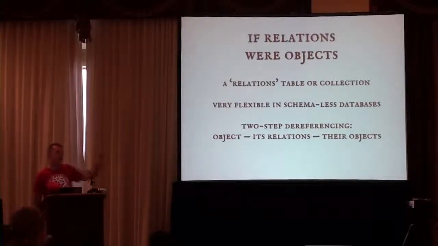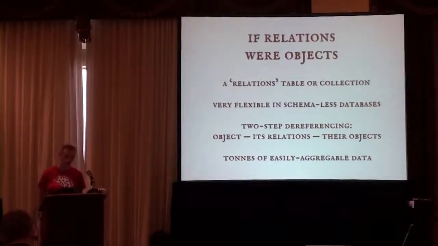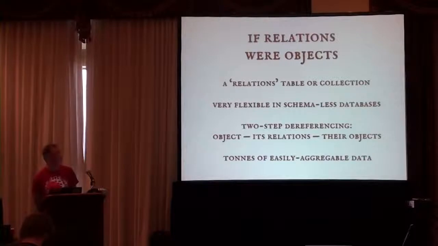I then need to fetch all of its relations, and then all the other ends of those relations. But the flip side, you have a lot of easily aggregable data. You have this one huge collection of relations that you can mine for whatever kinds of relations there are in your system. So it has good sides and bad sides, obviously, but I think it's an interesting idea.